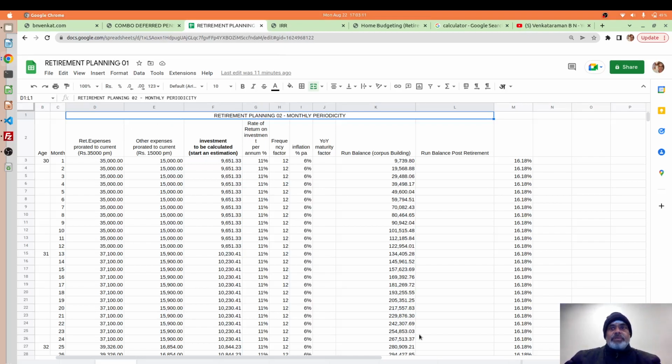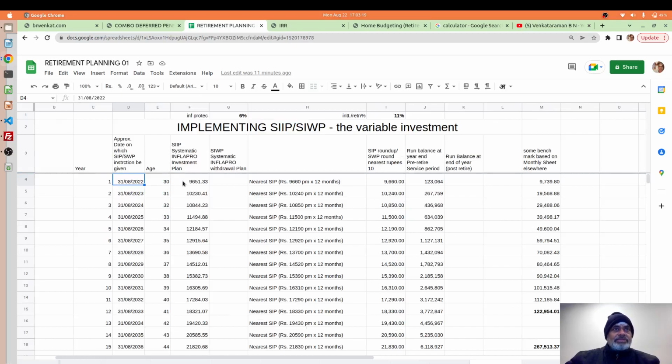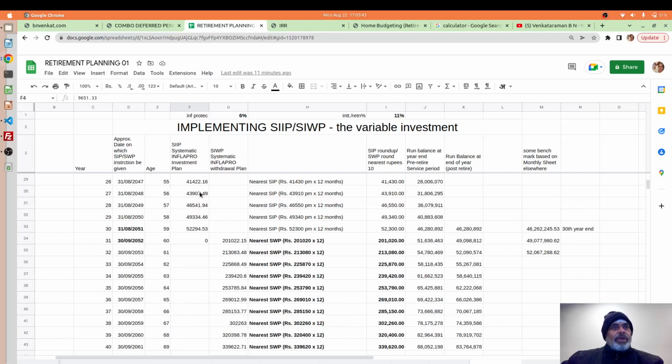I have just taken these figures as the sample case, and copied the values here. Because that sheet is also dynamic, let us not disturb it. Let us take the figure 9651, and next year the investment increases by 6%, and so on, and after 30 years, from 31 years onwards, we can start withdrawing the money.